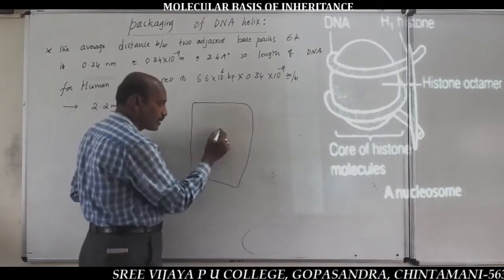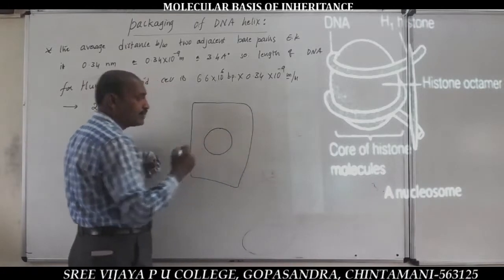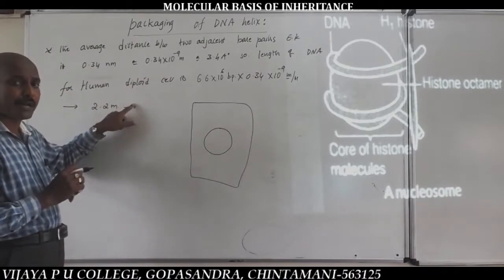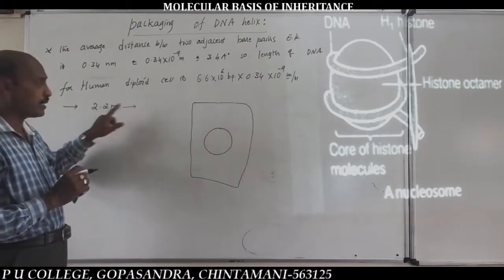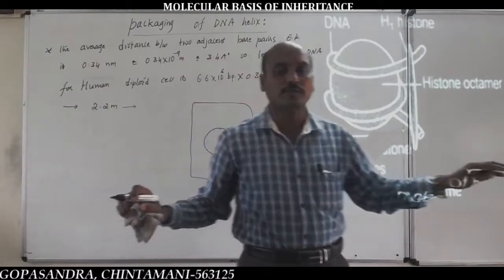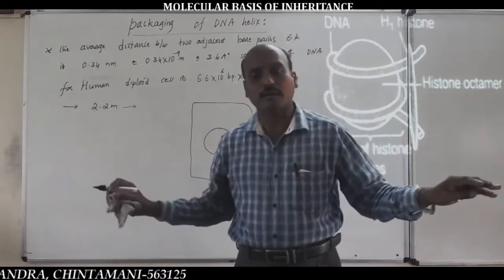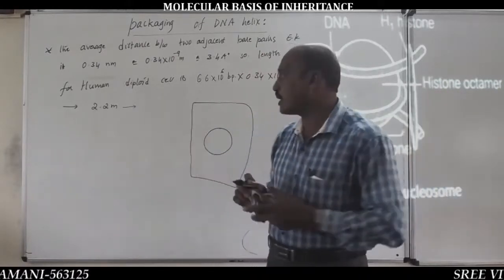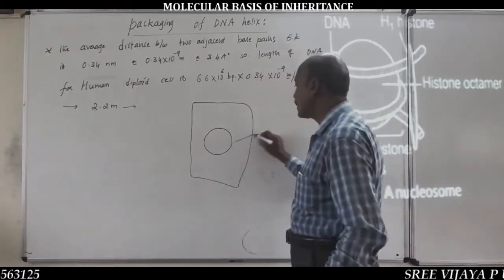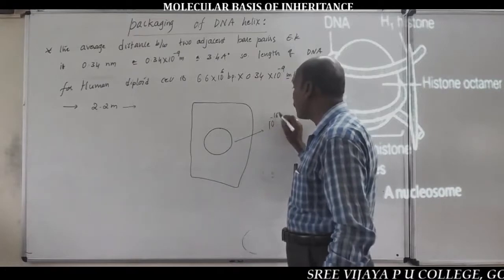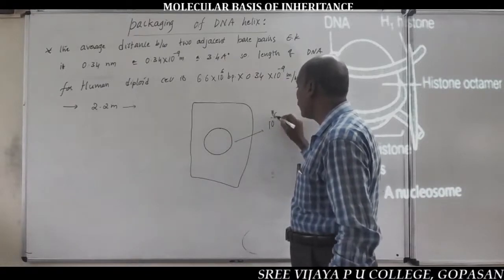Listen here: the length of the human diploid DNA, approximately 2.2 meters, is more than the dimension of the nucleus, if the dimension of the nucleus measures approximately 10 to the power of minus 6 meters.